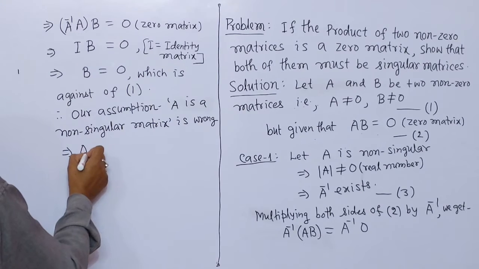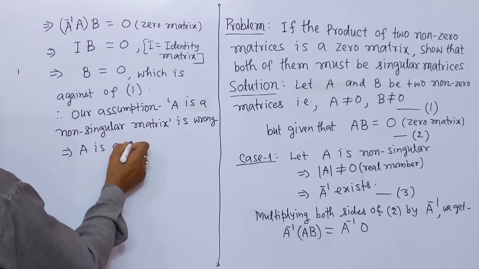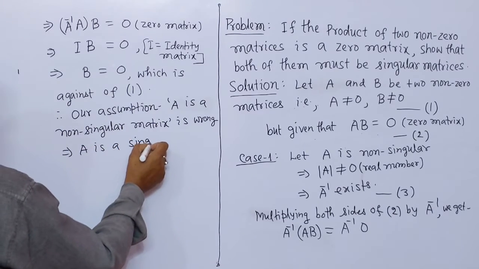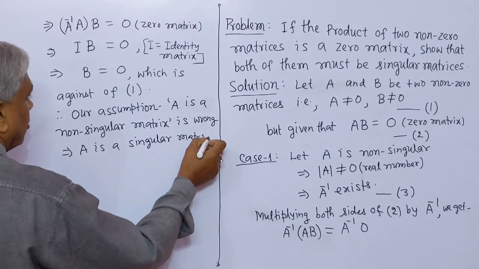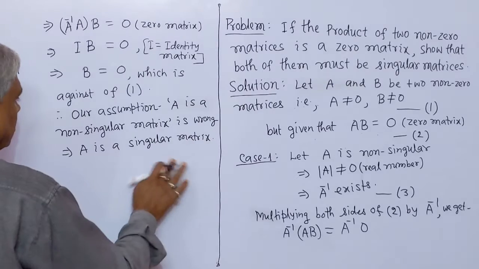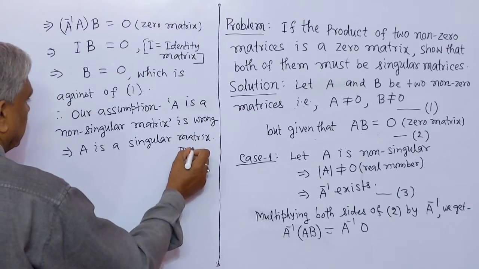This implies that A is a singular matrix. This is proved.